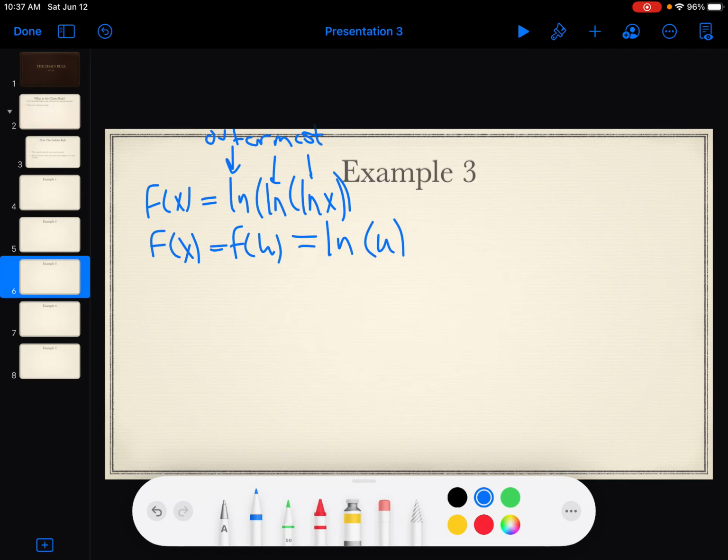So let's say f of u is ln of u, just to simplify and shorten this all. Now u is ln of ln x, right? That's basically our next outer function and our inner function right there. So this is g of x.